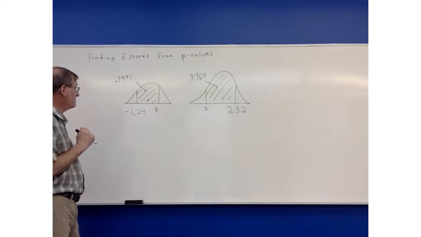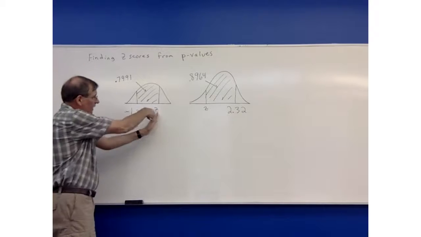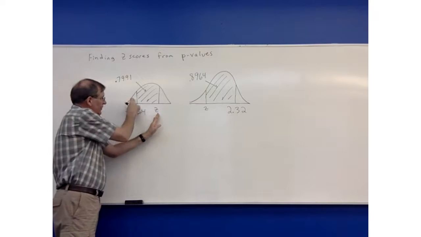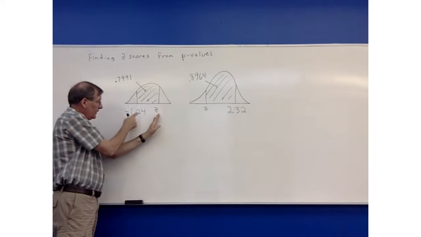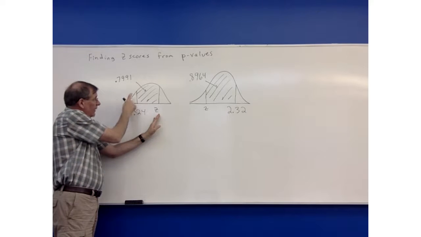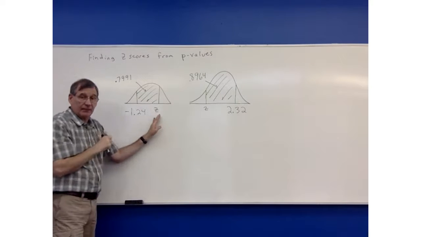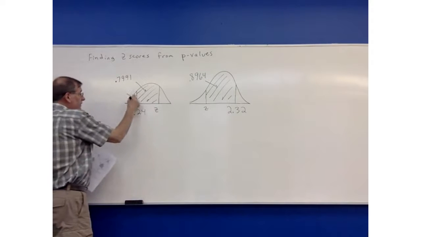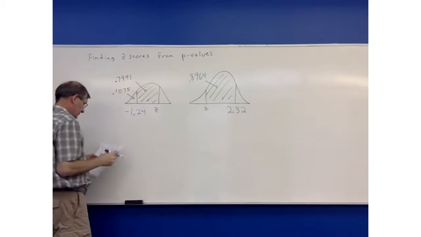So let's look at this. To get this z, I'm going to need all of the area to the left, and I'm missing that area. What area goes here? It can be looked up when you look up negative 1.24. That will give you the area here. If we add those two areas together, that'll be the area to the left of z. So if I look up the area to the left of negative 1.24, I find out that it is 0.1075.